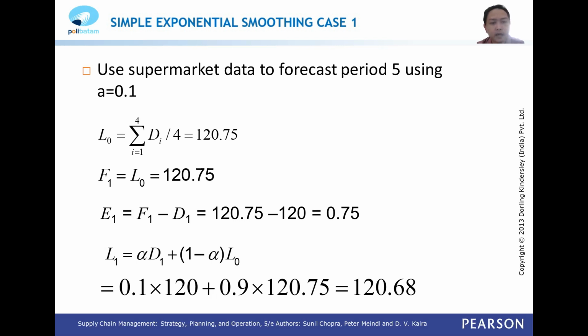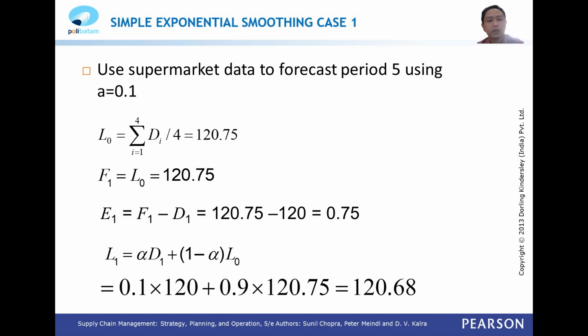Then after that, we can calculate the error value. We can use the formula: error in time period 1 is equal to forecast in time period 1 minus actual demand in time period 1. So 120.75 minus 120 is equal to 0.75.